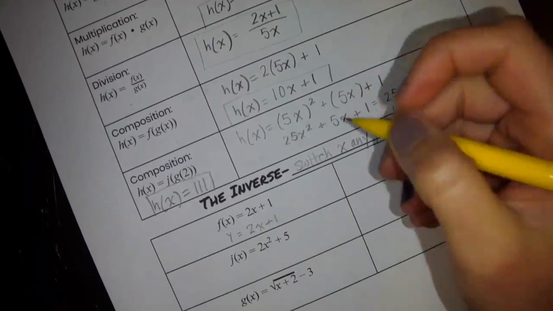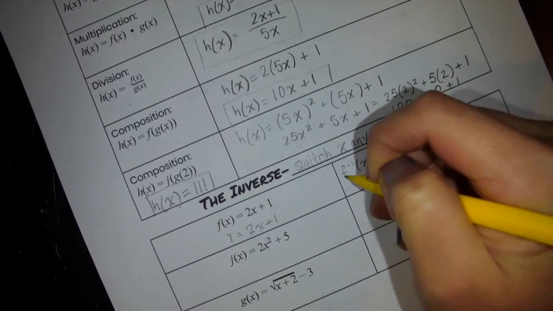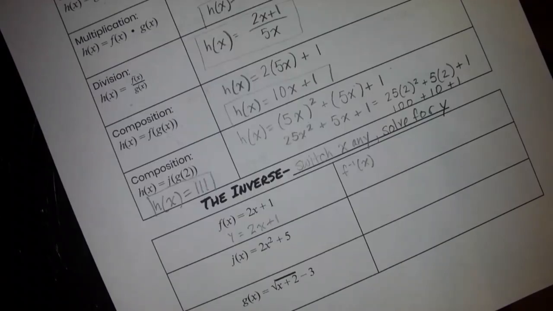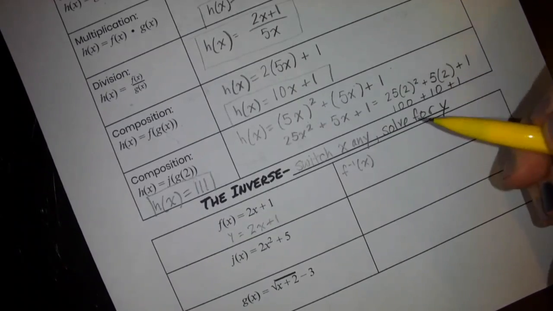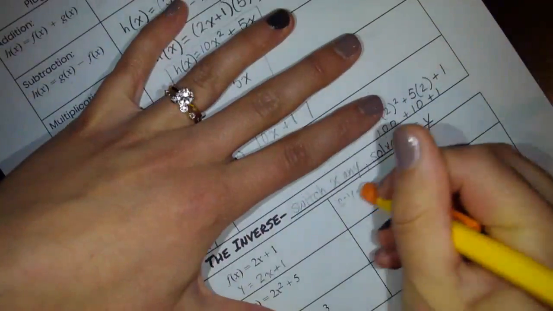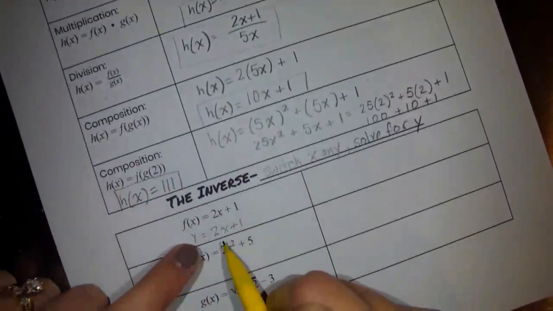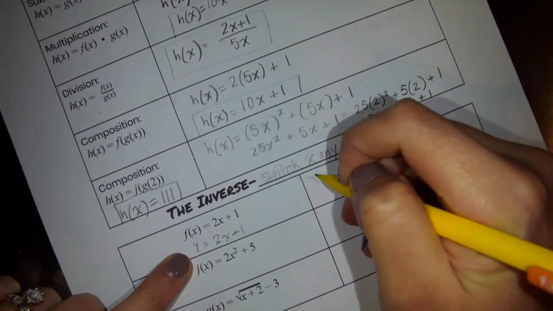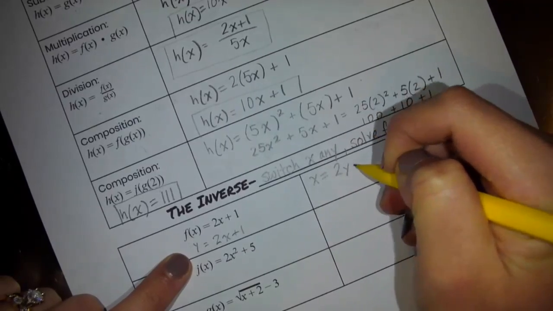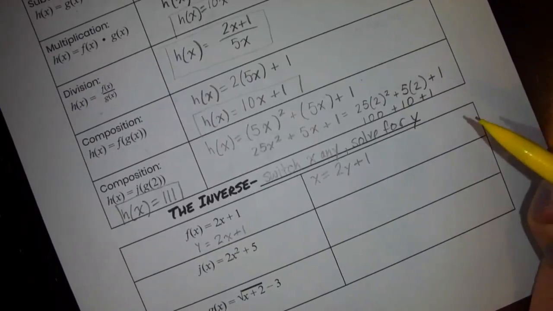So when we write the inverse, we write f of negative 1 of x. That's just how we write out that it's an inverse. Okay, actually before I do that, I'm going to first switch my variables and solve. So I'm going to switch the x and y. So this will be x equals 2y plus 1. So you switch the x and y, and now I'm just solving for y.